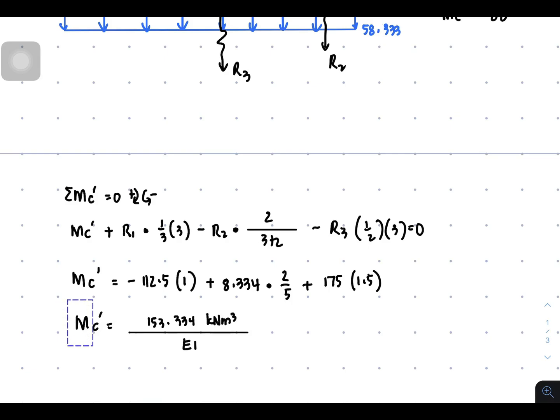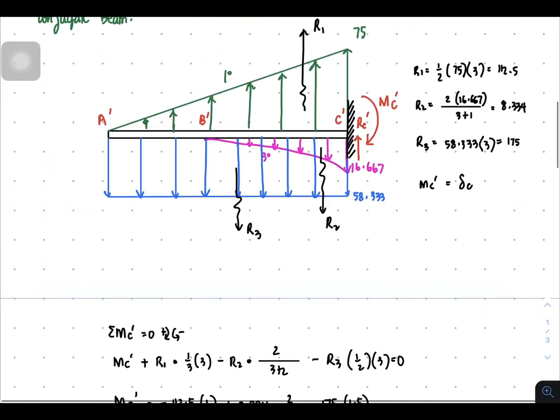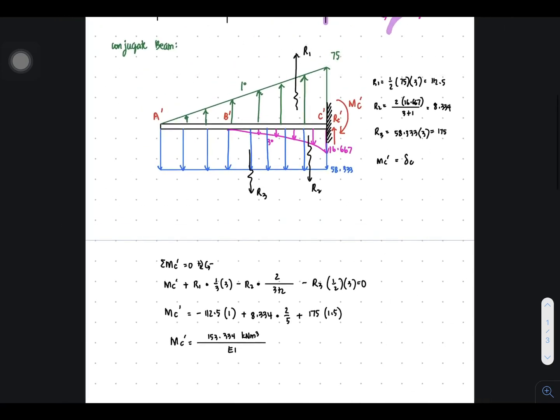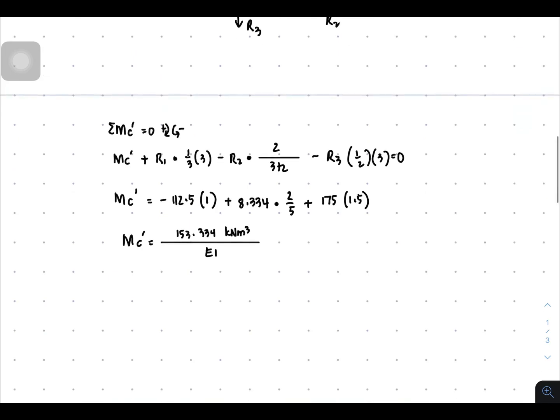We arrive at a positive value because our assumption of clockwise is correct. So what is the effect of that on the beam? If that is clockwise on this beam, so this is our beam, for example, I exaggerate the length, and then this is MC prime.